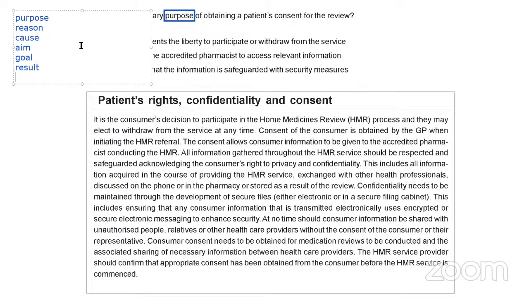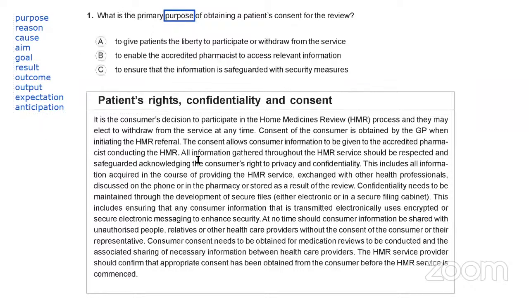Then next one is outcome, output, expectation, anticipation. So these are some words for purpose. Remember these words.